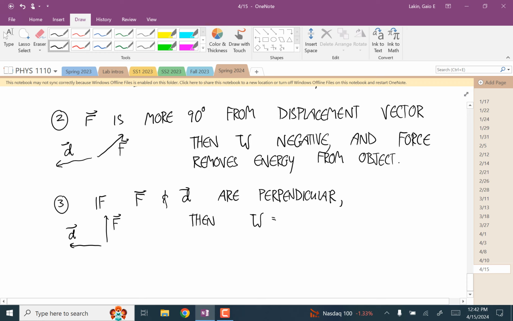The work is equal to 0, and the force doesn't change the object's energy.